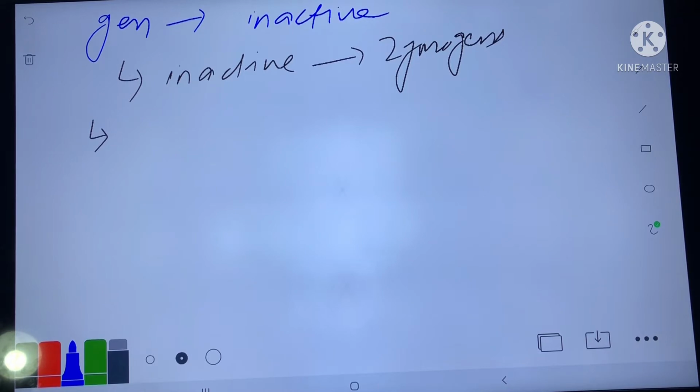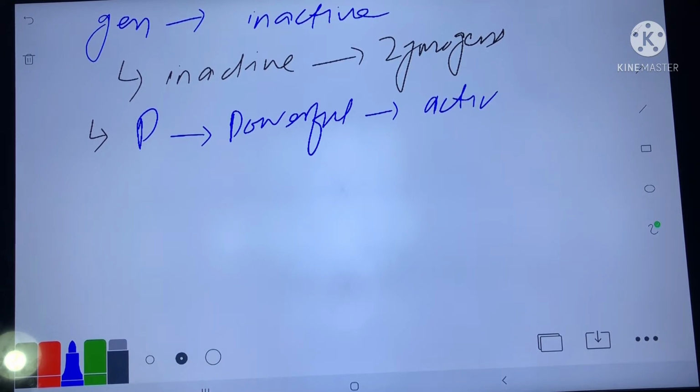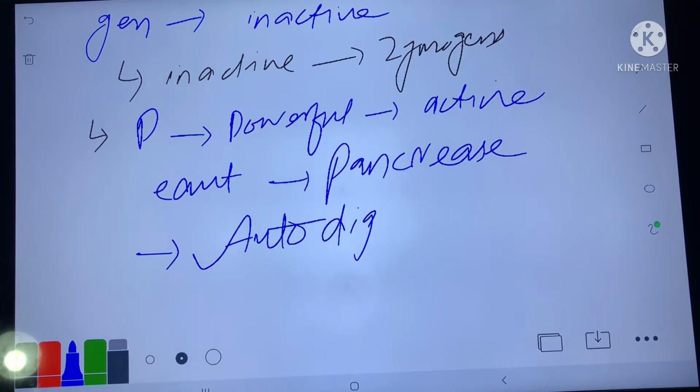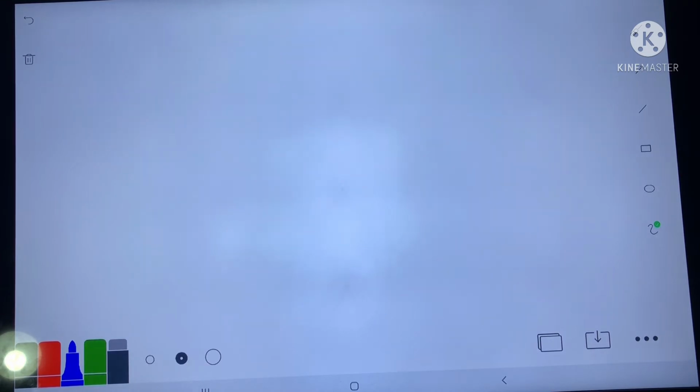As we know, protein enzymes are so powerful that if they were released from the pancreas in active form, they would eat out the pancreas. So in order to prevent autodigestion of the pancreas, these enzymes are released in inactive form.